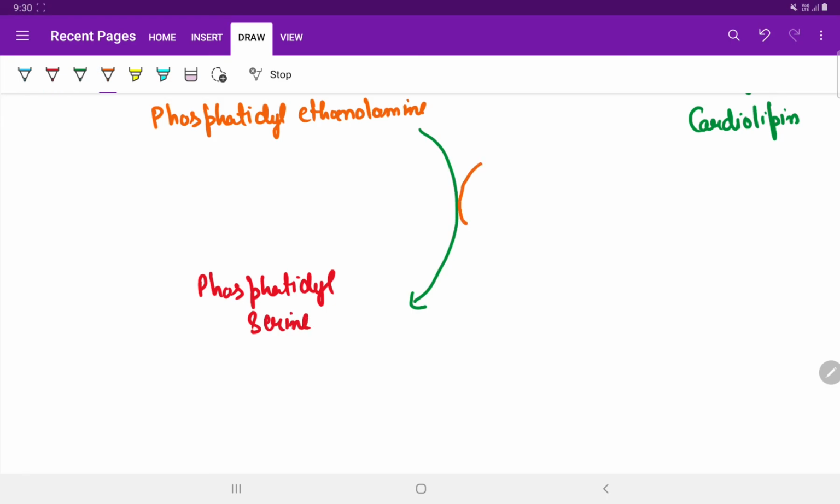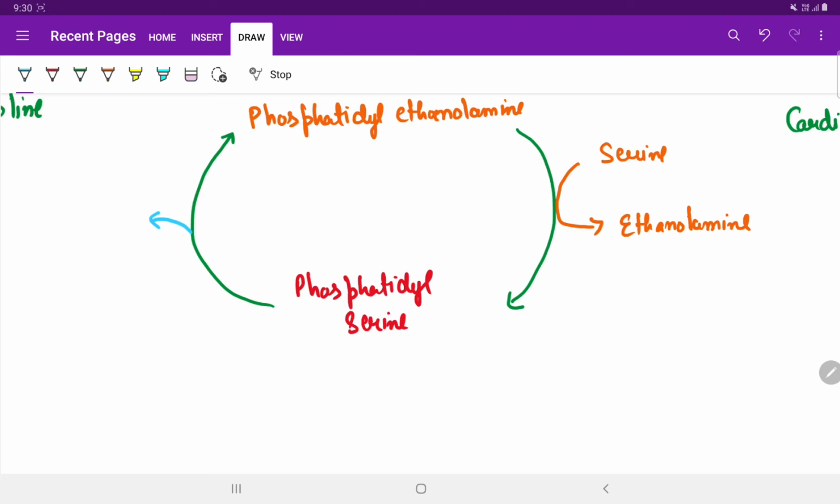So this occurs in presence of a serine molecule, and ethanolamine is released. Whereas the second step is the decarboxylation to lead to formation of phosphatidylethanolamine again.